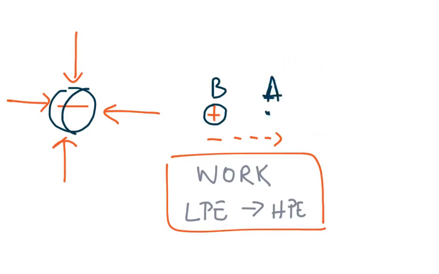Okay, so as we move away from the charge, the potential will increase because we need to move away from the negative charge. We always need to apply work, right? And as we apply work and go farther away, the potential energy will increase.